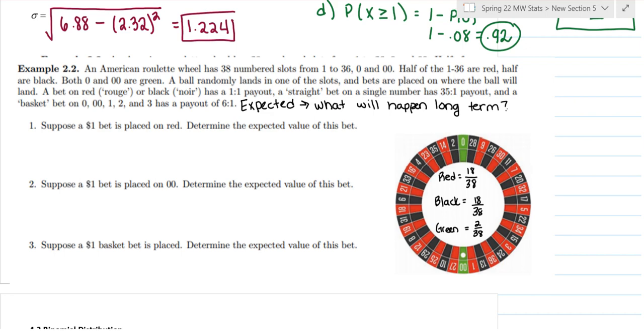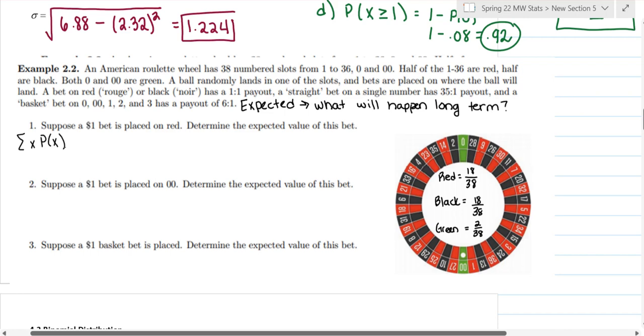All right, so let's see here. So let's suppose we place a $1 bet on red. What is the expected value? So remember, the expected value is the sum of x times p of x. Okay, but we have to figure out what that is. So what we do here is we do the probability of a red. Okay, so the probability of red, and then what if we win?